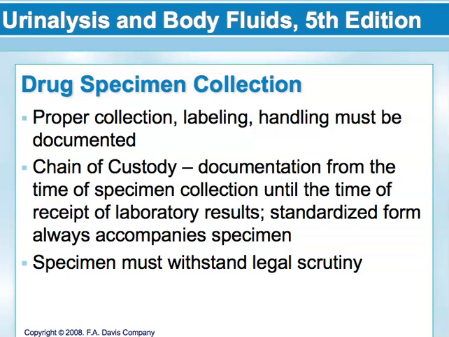Chain of custody is also oftentimes used for pre-employment drug screening. So anytime it's necessary to make sure that the collection was done properly and followed through to the end, and we knew that the sample belonged to that patient.